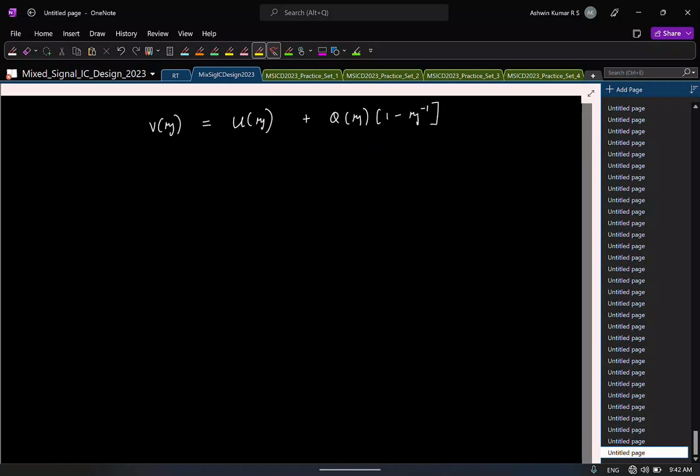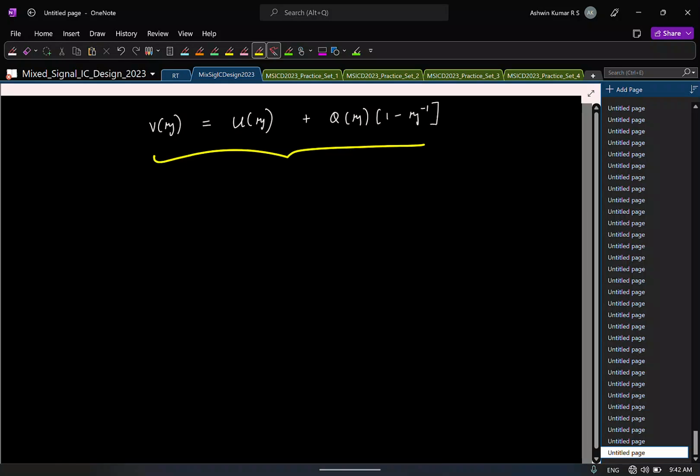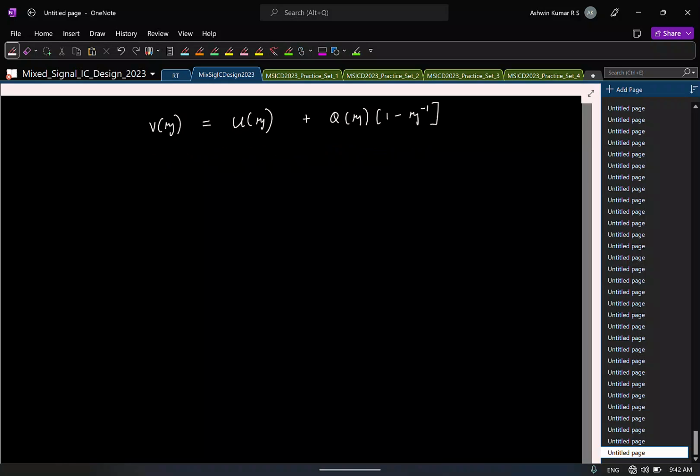One was the error feedback and one was the delta sigma modulator. But of course, once you have an idea of what needs to be done, you can come up with multiple ways to do the same thing, right? Let me motivate you for one such implementation. Let us say in principle you have access to both U and Q. Assume that both are inputs.